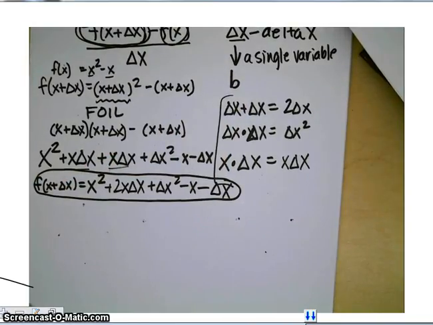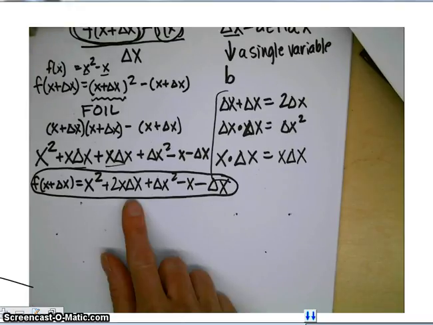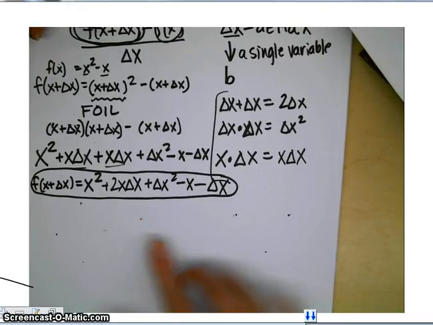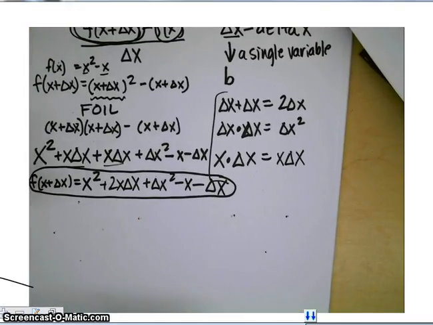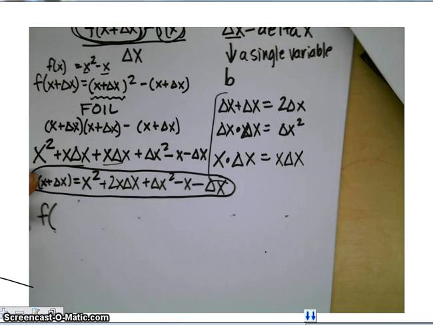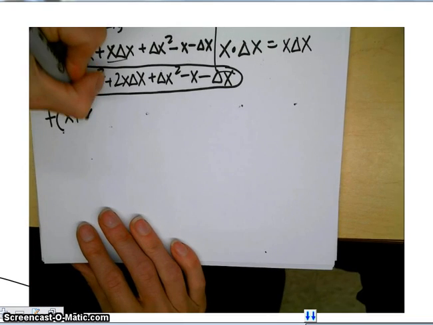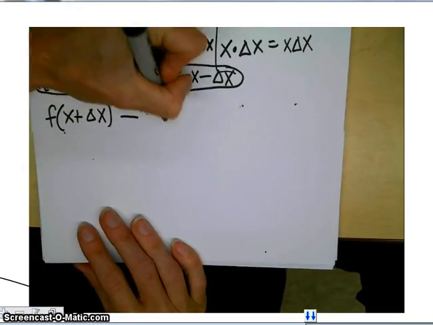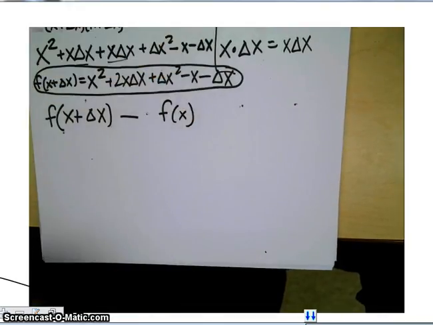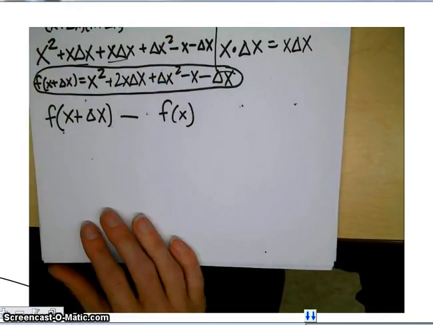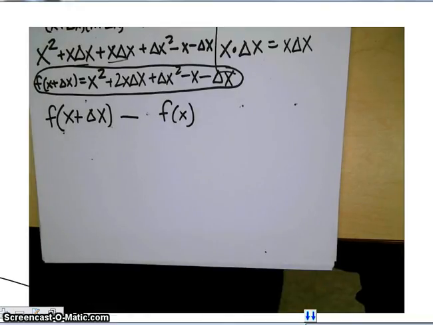Now, am I done? No, because that is only this part of what I have to evaluate. I have to figure out what f of x plus delta x minus f of x is. So first I found this, now I'm going to simplify the top.